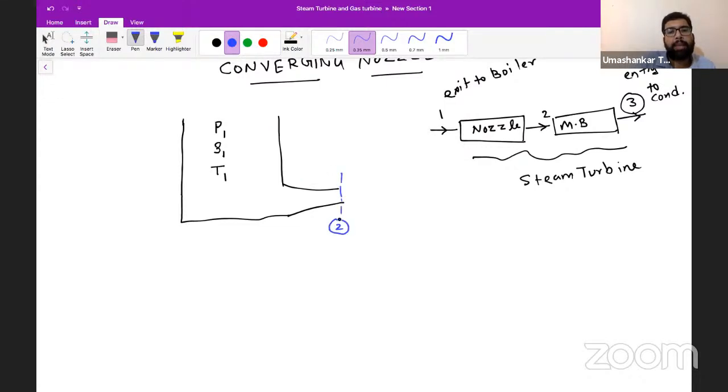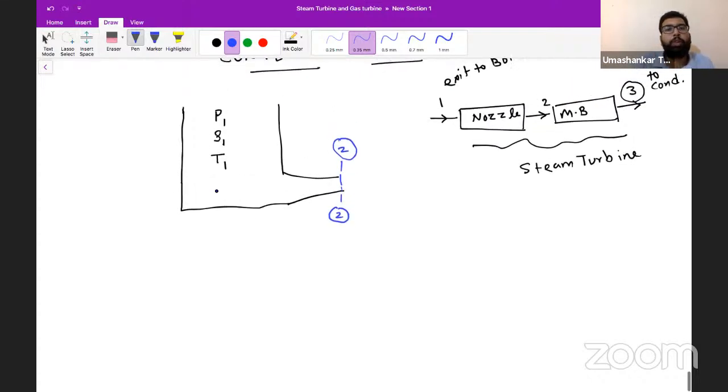So if I apply my steady flow energy equation, or Bernoulli equation, what will happen? Our flow is isentropic. We have assumed that the flow is isentropic. So we can write Bernoulli equation for isentropic flow. We have developed it in the previous lecture.